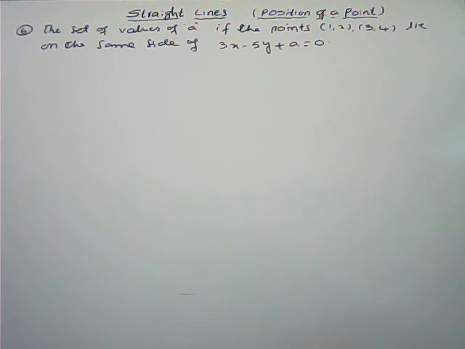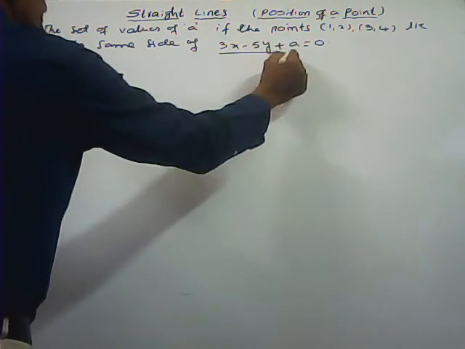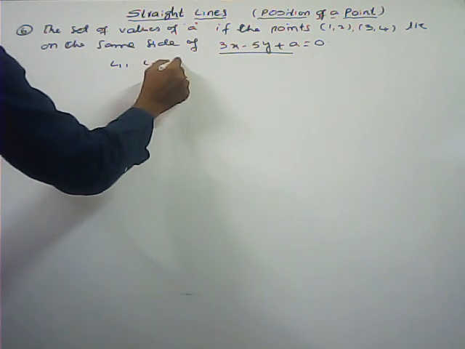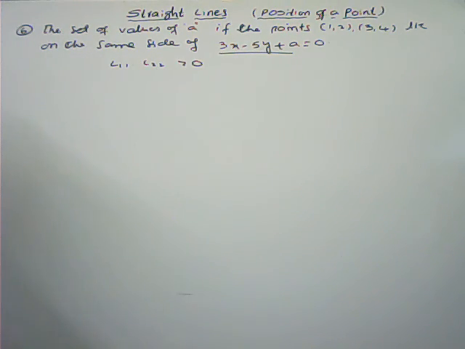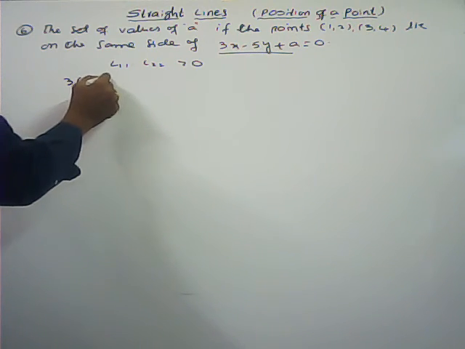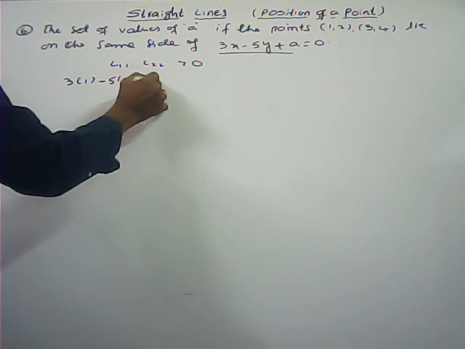Here next and last: the set of values of a if the points lie on the same side of this line. Same side means L11 into L22 should be more than 0. L11 is 3 into 1 minus 5 into 2 plus a.